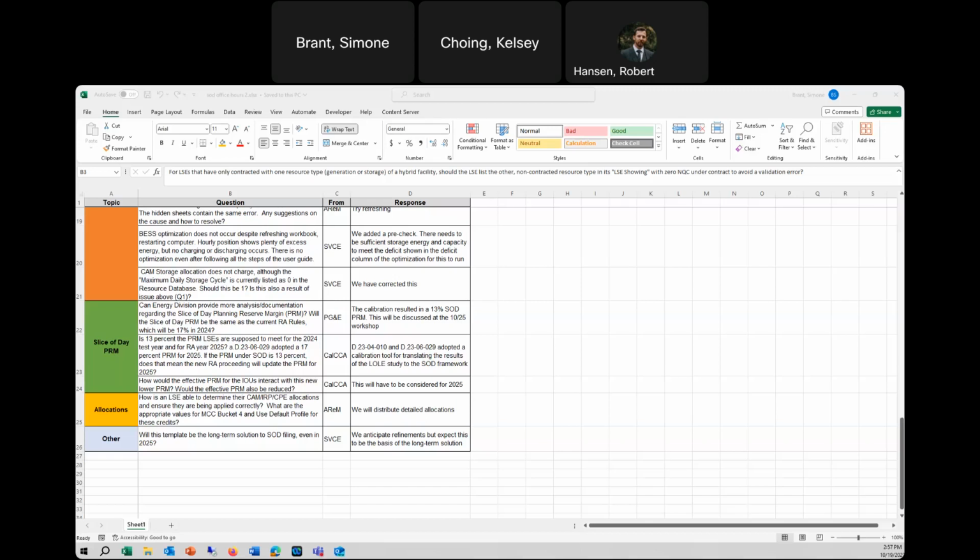Angelica, are you there now? Yeah, thank you. I don't know if you already covered this, but how could we add new resources to the database? We have a lot of instances where a resource achieves NQC during the curing period, so it definitely won't be in the NQC list before the filing.